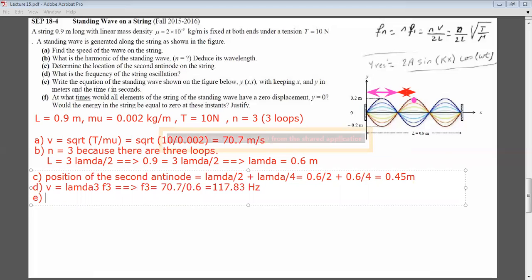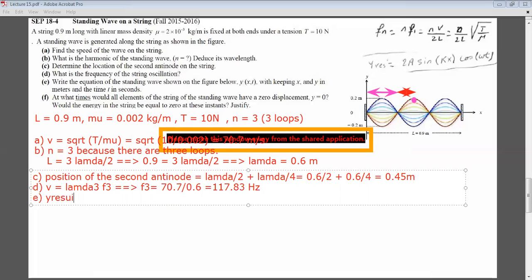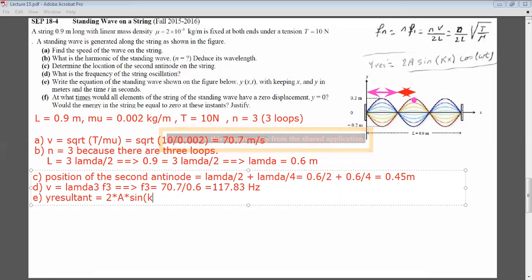Part E: write the equation of the standing wave shown in the figure, keeping x and y in meters. So this is the equation over here. Y resultant is equal to, and of course these things you have to memorize, I'm just putting them here to assist you, 2 A sin(kx) cos(omega t).